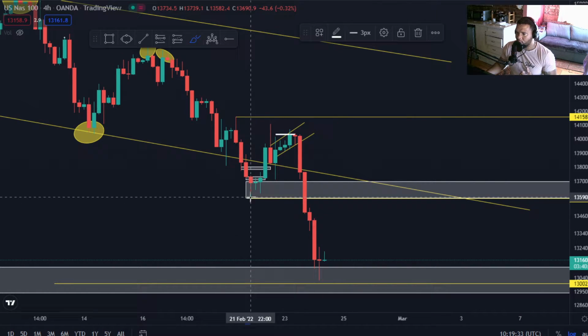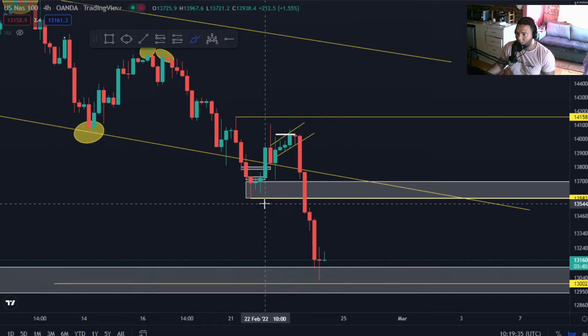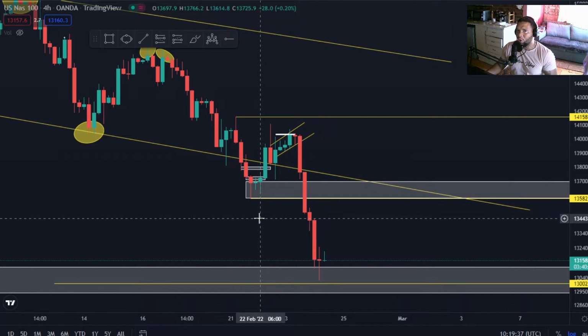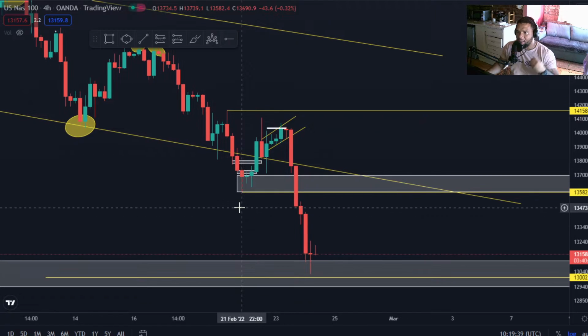Once price breaks out of this 13,600 region right there, we know for sure that price will continue to the downside. But what will you do as a trader right now?